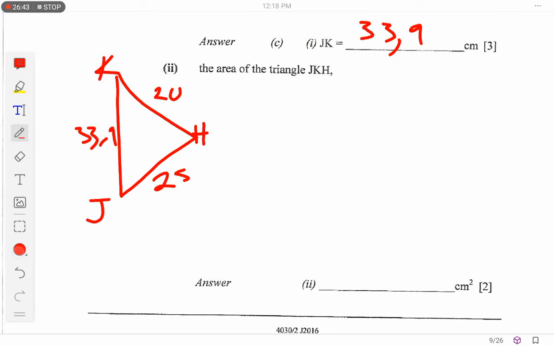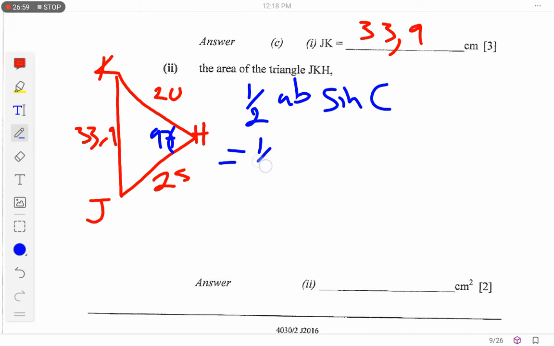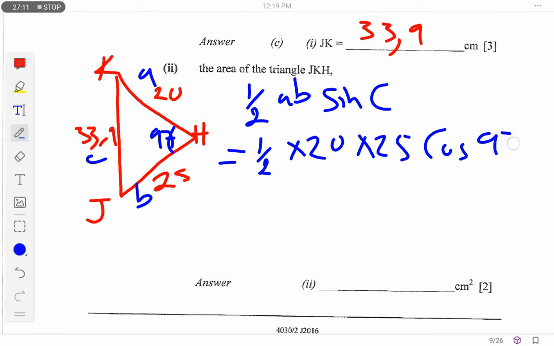We can use the formula of half ab sine C. So this is going to be half of 20 times 25, 97 degrees. So this is my a, this is my b, and this is my C.